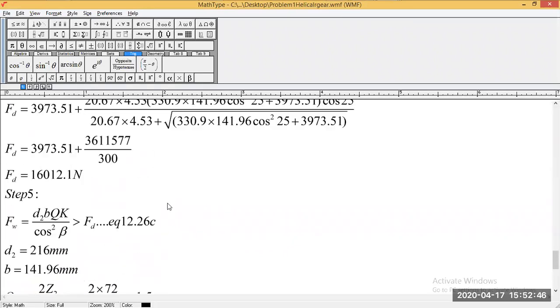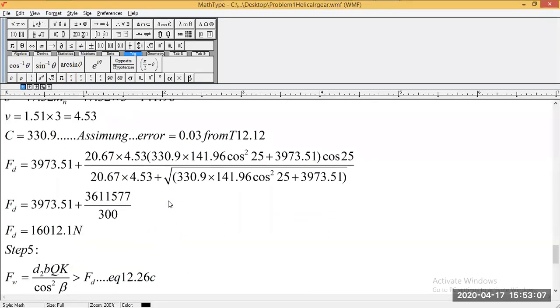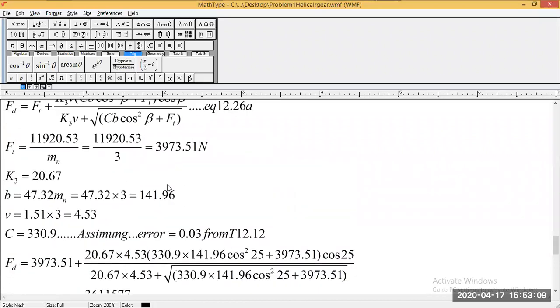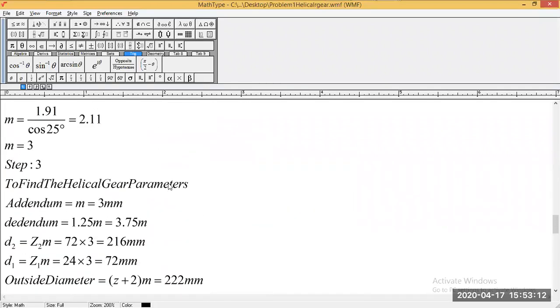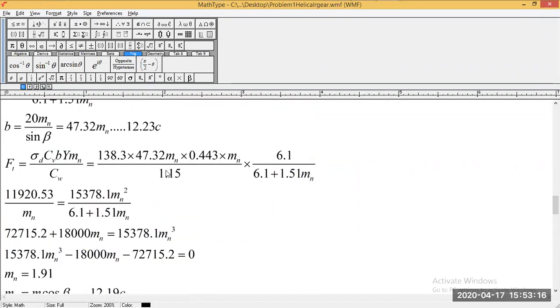And keep note of the steps. The sequence has to be maintained. Both spur and helical, they are most frequently appearing in the tests. You may have an option between spur and helical gear, or bevel and worm gear. Spur and helical, since they have the same procedure, are quite easier to remember and to do in the exams.